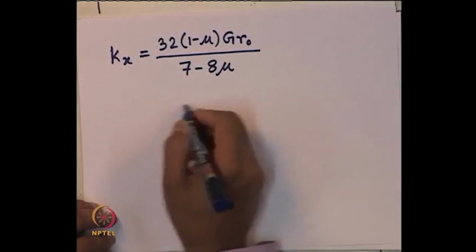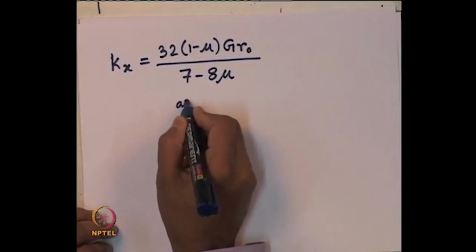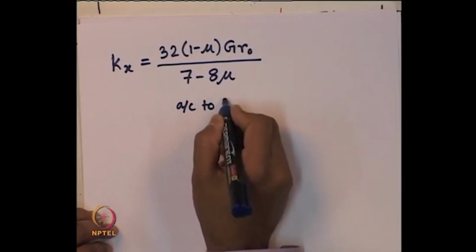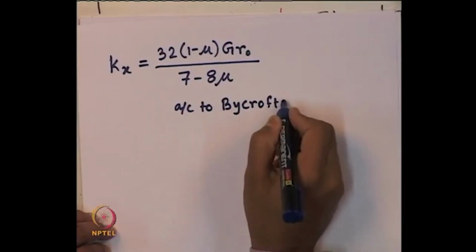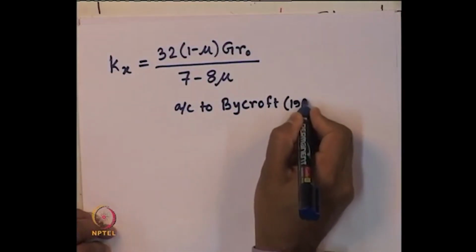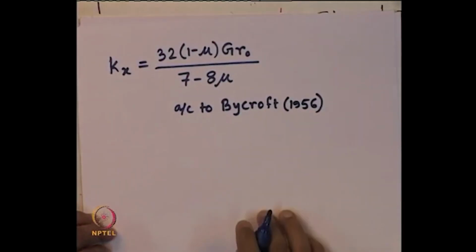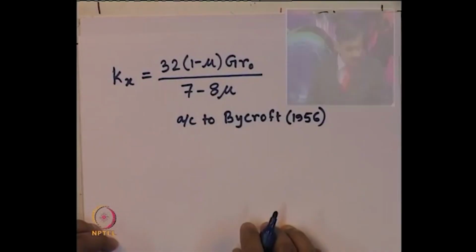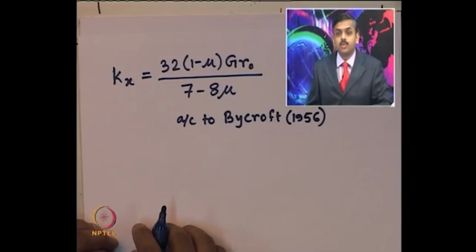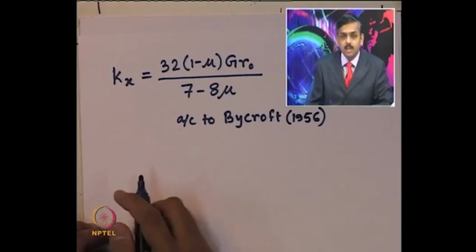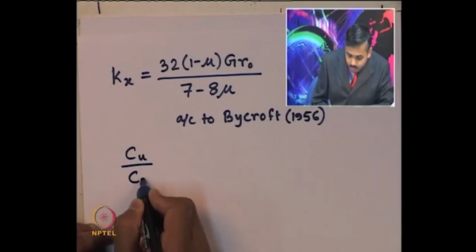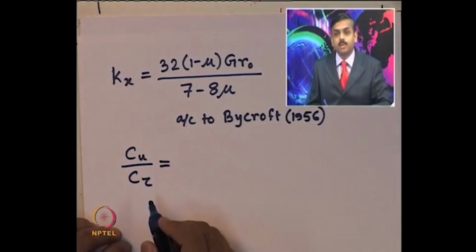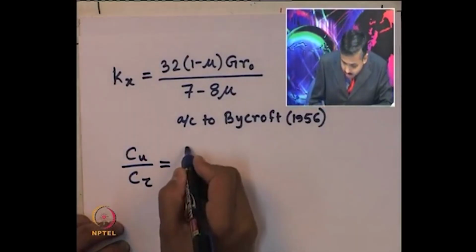This is according to Bycroft, as proposed in 1956. We have discussed this also in our theory course. If we know the expressions of these two terms K z and K x, then we can put them in the expression of C u by C tau and simplify it further. Let us see how.